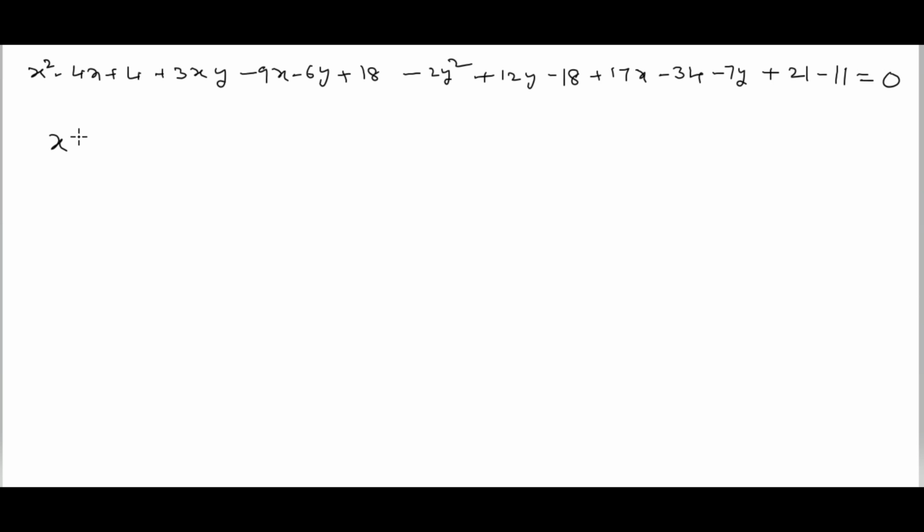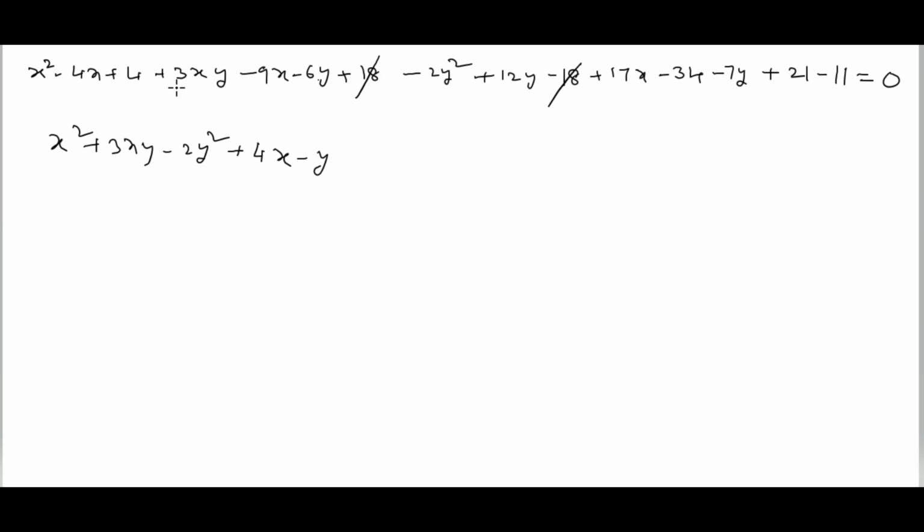Here is x square plus next term 3xy minus 2y square. Next write down next terms: minus 4x minus 9x minus 13x plus 17x, that is plus 4x, and y terms minus 6y plus 12y, that is 6y minus 7y, that is minus y, and plus 18 minus 18 cancel.